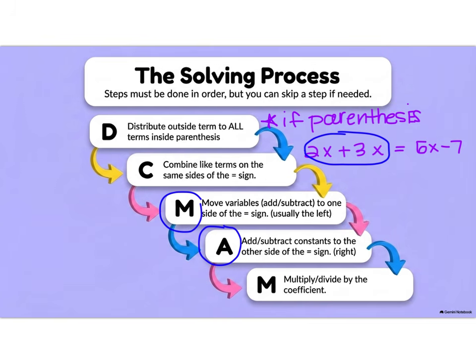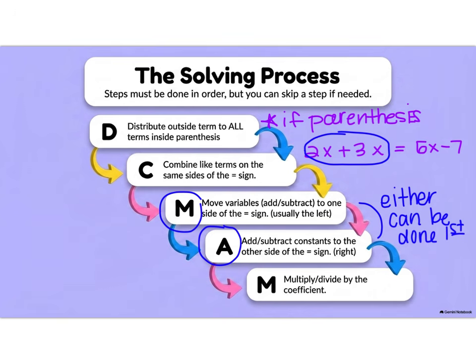If you decide to move your variables to the right, you have to move your constants to the left. It doesn't matter which one you do first, so either can be done first. I just typically like to move my variables first and then my constants.